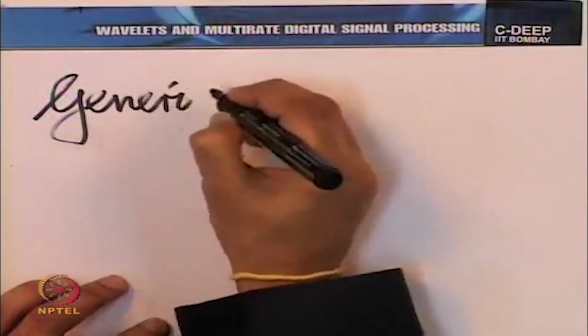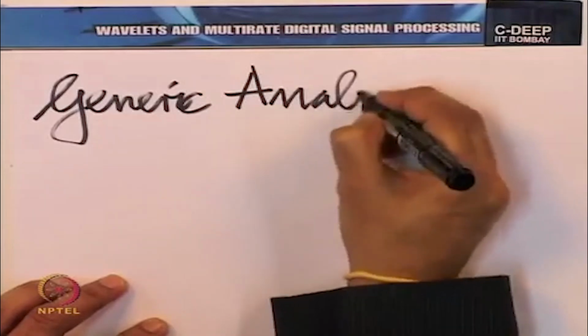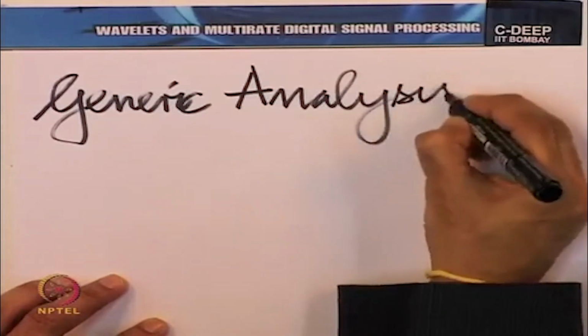Towards that objective, the first step is putting down a generic structure for the analysis and the synthesis filter banks. So, you see, let us consider the generic structure for the analysis filter bank first.